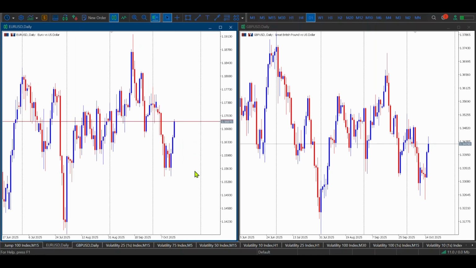Right here I'm focusing on this current trading week. This is Thursday, today's trading candle. Wednesday, Tuesday, Monday. This small candle here is Sunday.